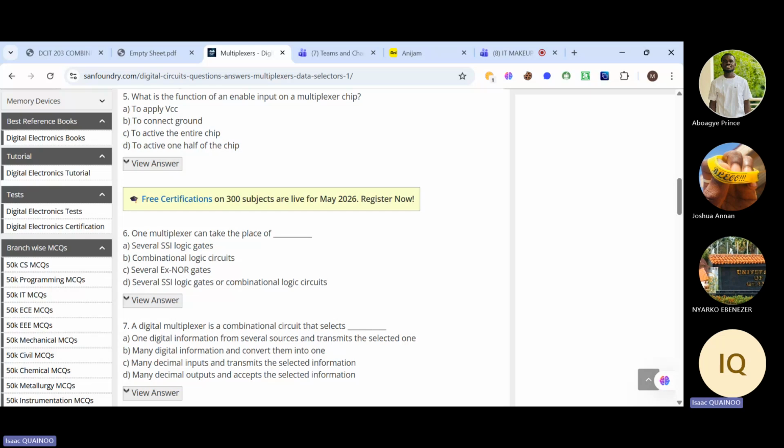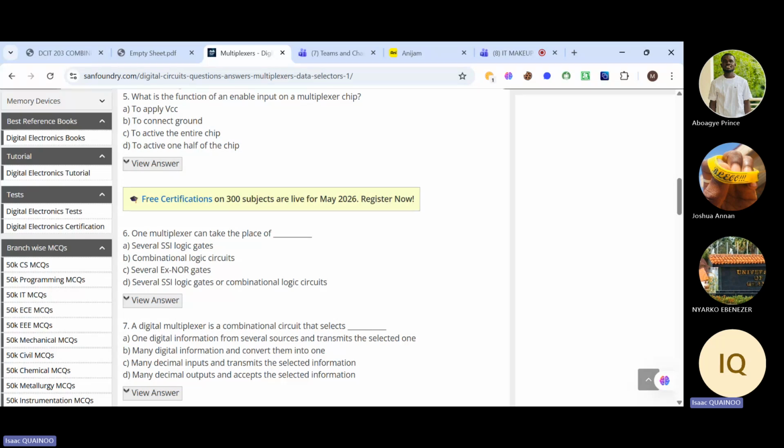So it functions more like a switch. If our enable input is 1, the entire circuit is on and is able to perform its function, and if it is off, the entire circuit goes down.